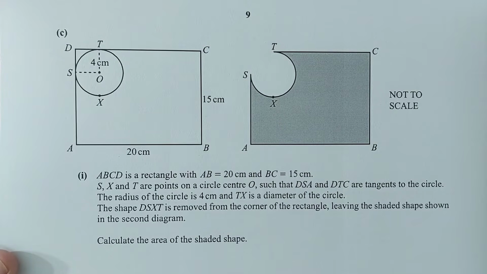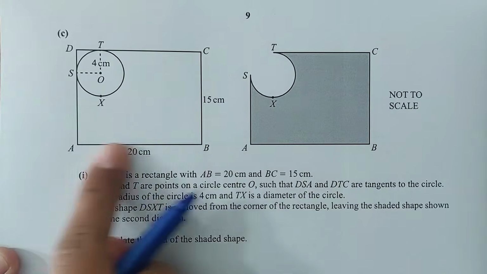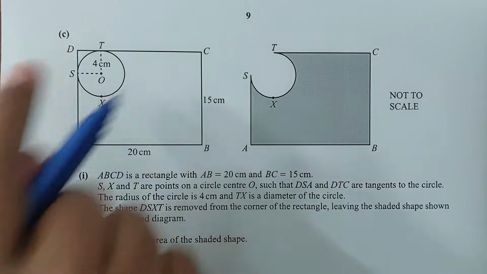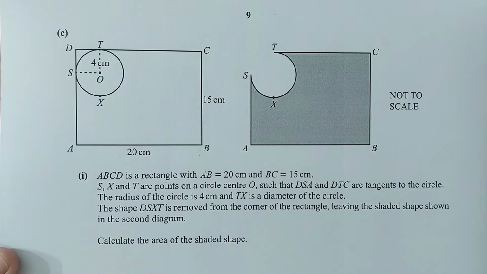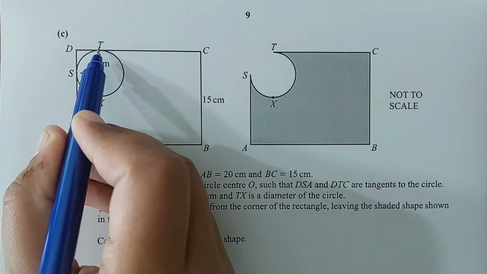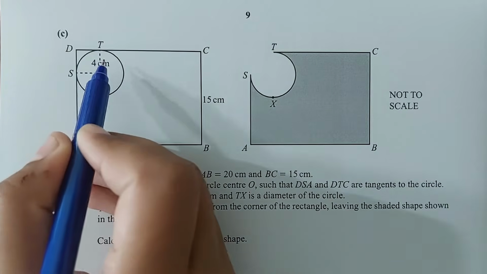To calculate the area of the shaded shape, we have to find the area of this rectangle and subtract the area of this. This is a square because OT is 4, OS is 4, and these two are also 4.